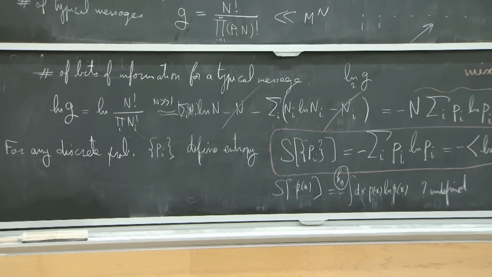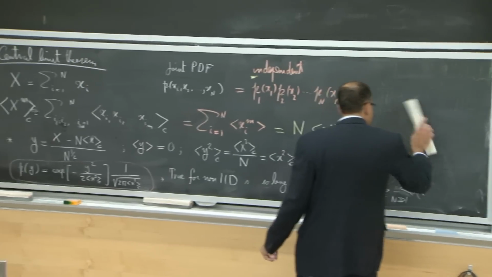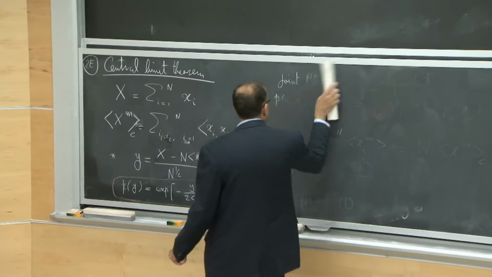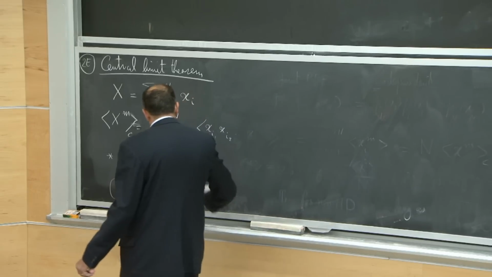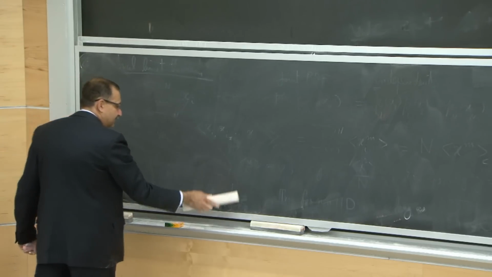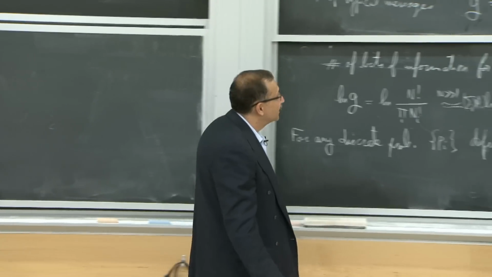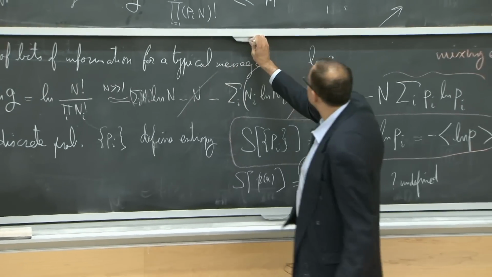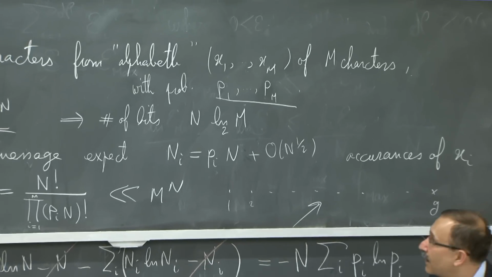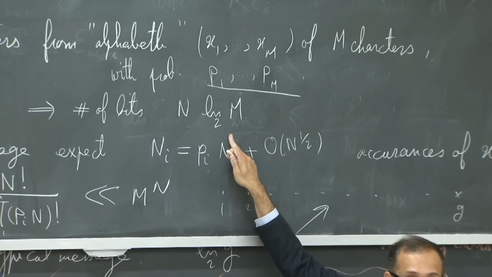All right. But what does this have to do with this Shannon story? Going back to this story, if I didn't know the probabilities, I would say that I need to pass on this amount of information.